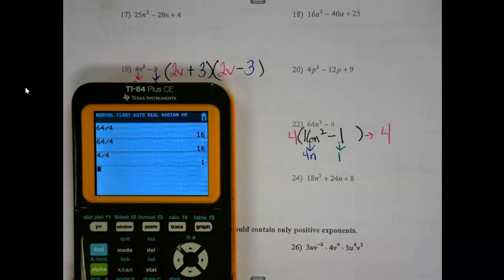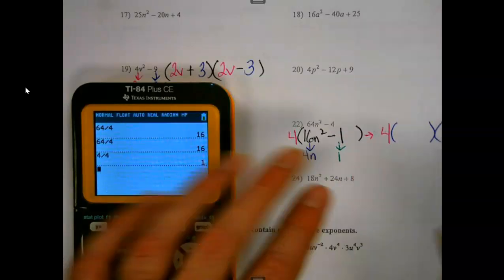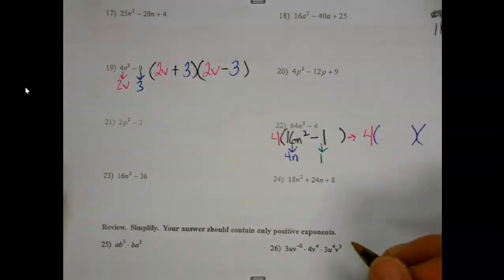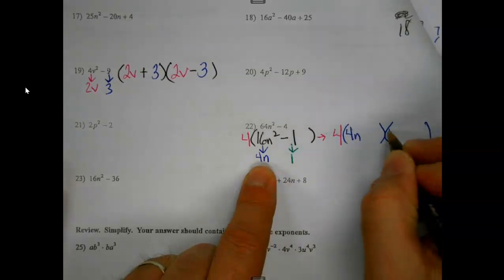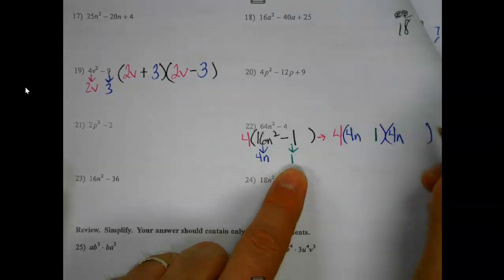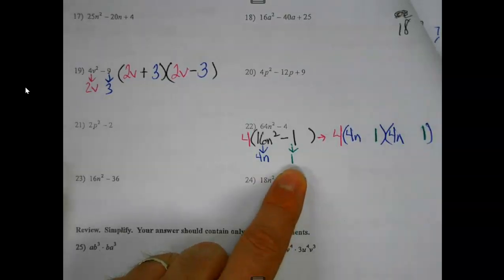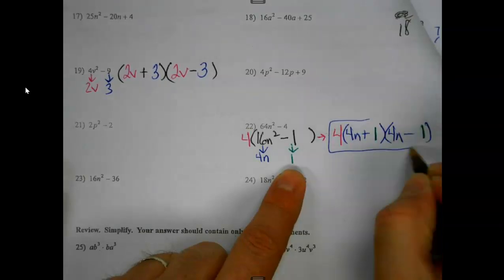It did not disappear. It did not get divided out. It just sits in front. And then just like we did on number 19, there's my first term, so 4n to start. There's my second term, 1 to end. 1 gets a plus, 1 gets a minus.